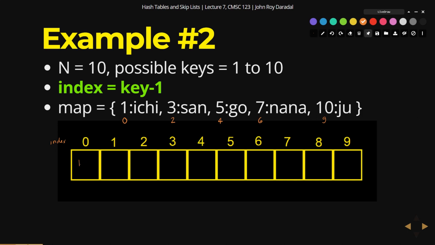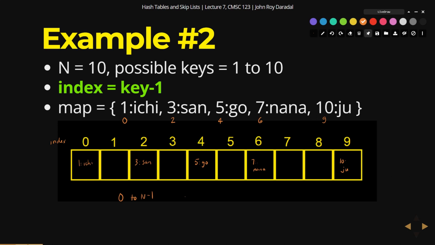So this would be 1, Ichi. 3, Sun. 5 is Go. 7 is Nana. And 10 is Chu.